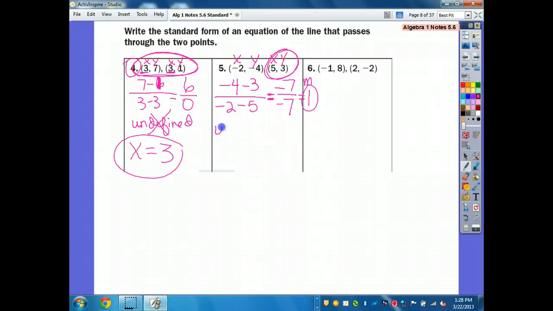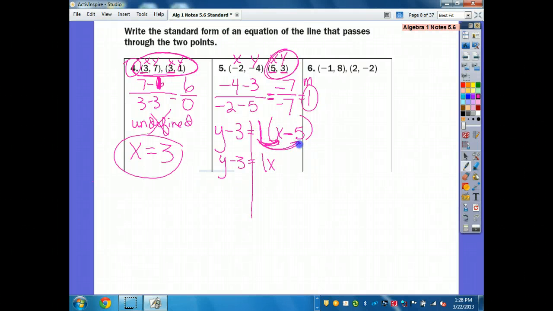So let's substitute in. y minus what? 3. 3, because that's my y, equals, what's my m? 1. 1 times x minus 5. Simplify. Y minus 3 here. Use my distributive property. What does this side become? 1x minus 5. 1x, I agree.